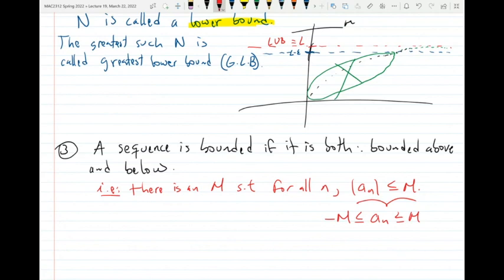In fact, I'm going to ask you a question. Can you argue that if a sequence is increasing, then it's bounded? Let's say that you have an increasing sequence that's bounded above. How would you argue that it's bounded? No, you already know it's bounded above. Remember, bounded means both.